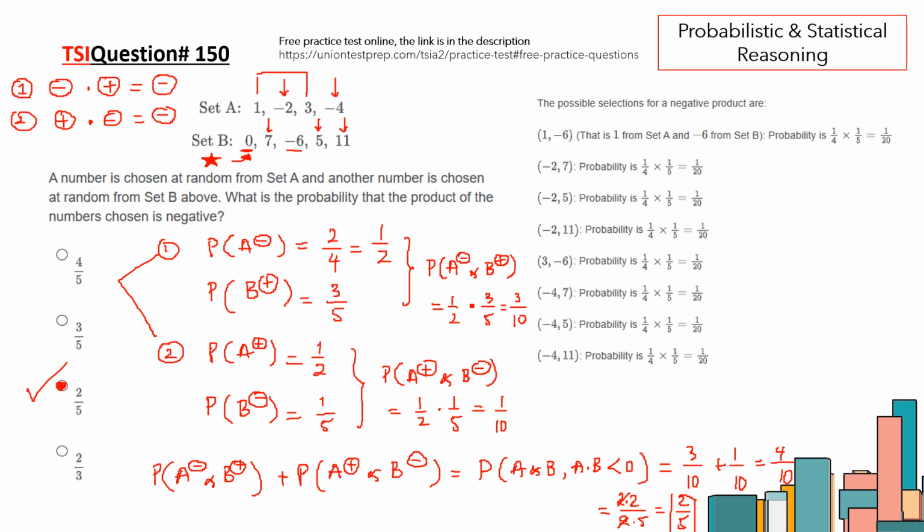If you want to list out all of the possible selections for a negative product, you can start with 1, the positive number from A, and then -6 from B. You can choose -2, go with 7, -2 go with 5, -2 go with 11. You can choose 3, go with -6, -4 go with 7, -4 go with 5, and then -4 go with 11. So those are 8: 1, 2, 3, 4, 5, 6, 7, 8.